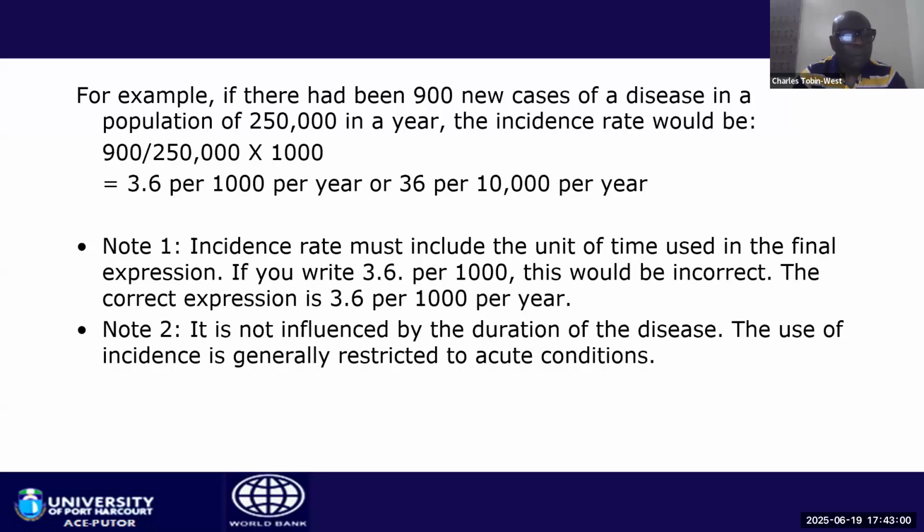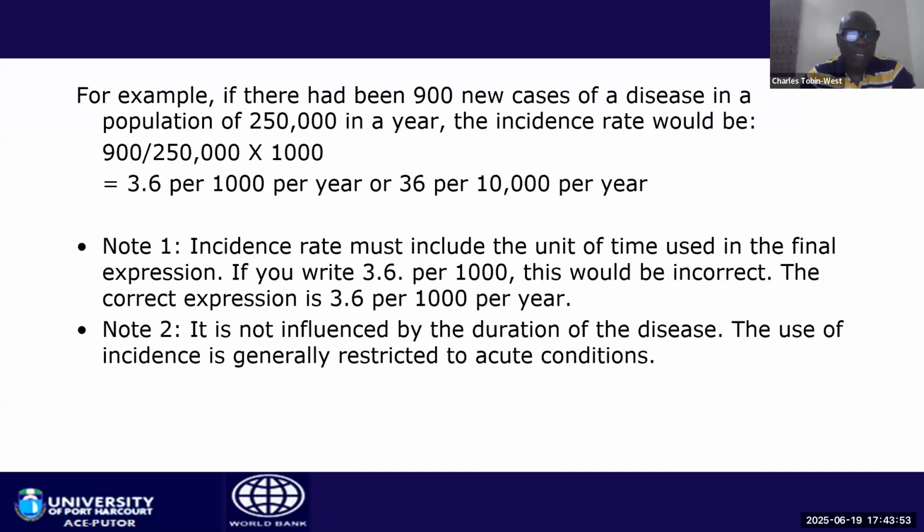When you say number of new cases, it's difficult to convince any person that there are 3.6 new cases. The cases are individuals. There cannot be 3.6 individuals. So instead of saying 3.6 individuals per thousand population per year, you can say 36. That is, you multiply both sides of the equation by 10. 3.6 per thousand is the same thing as 36 per 10,000. And it's the same thing as 360 per 100,000. And the same thing as 3,600 per million. That's just what it is.